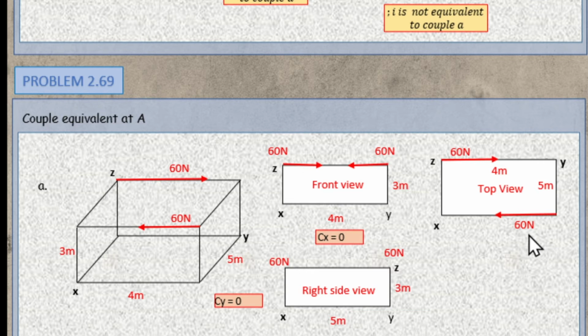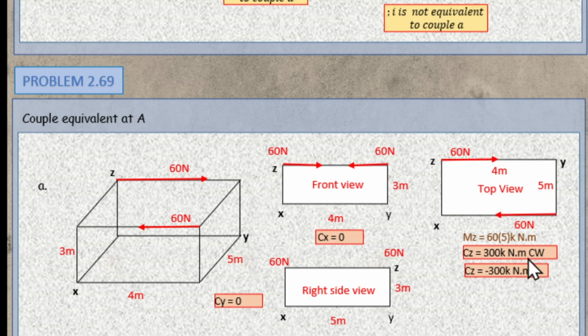I am going to assume clockwise positive. So we have 60 multiplied by its perpendicular distance 5. We have 300 Newton meter in the clockwise direction. If it is required that you give the direction of our couple, this will be negative 300 Newton meter. Why?